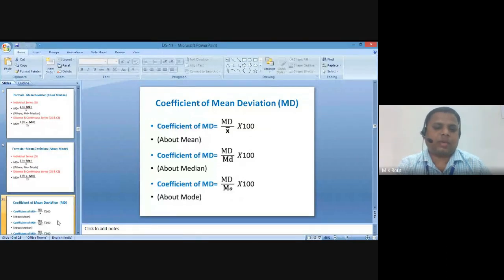The last formula, coefficient of mean deviation about mode, equals mean deviation divided by mode into 100. I repeat, x bar stands for mean, MD stands for median, and MO stands for mode.